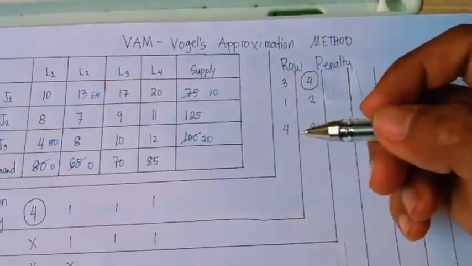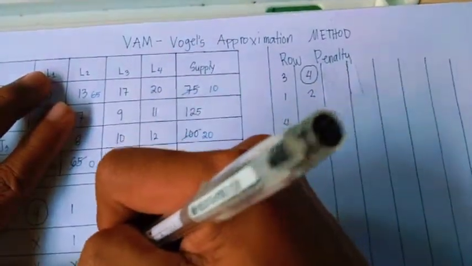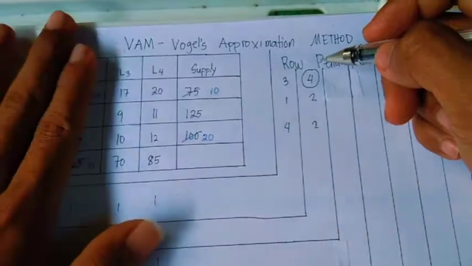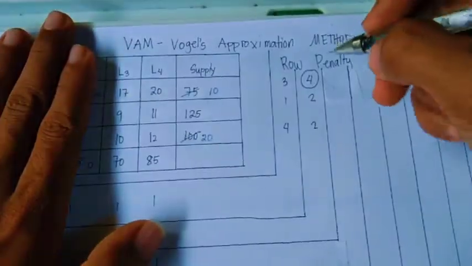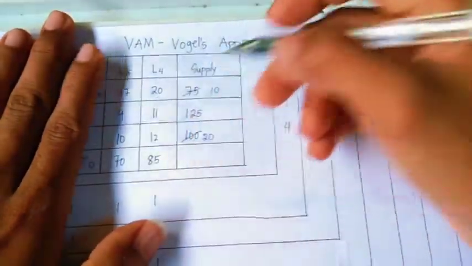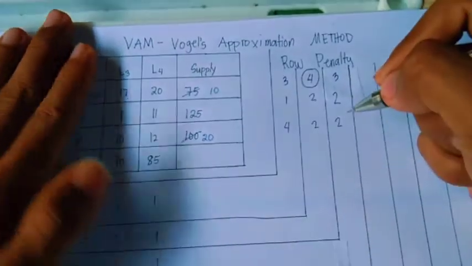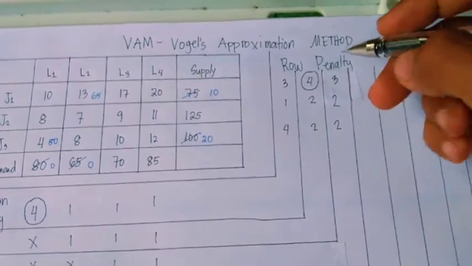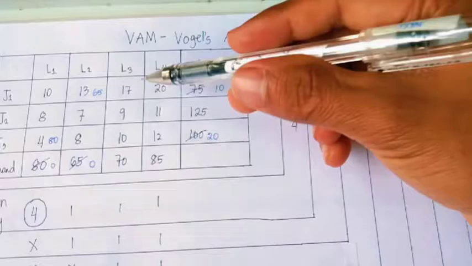We repeat the same process. 10 minus 9, 1, 1, then the remaining values are 17 and 20. So subtract them: 3, 2, and 2. So the greatest value is 3. We encircle it and start at the least.